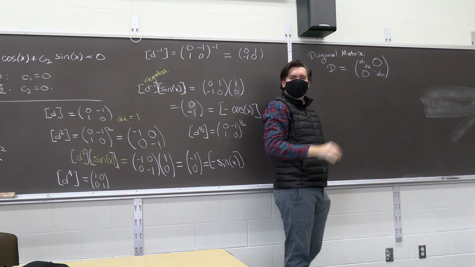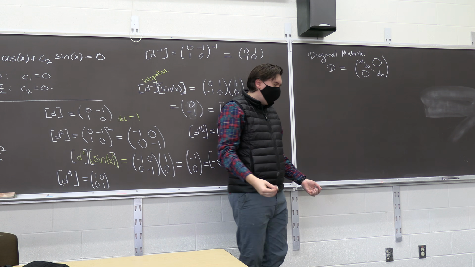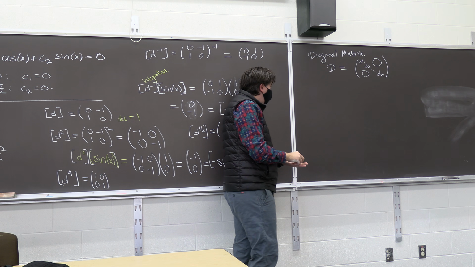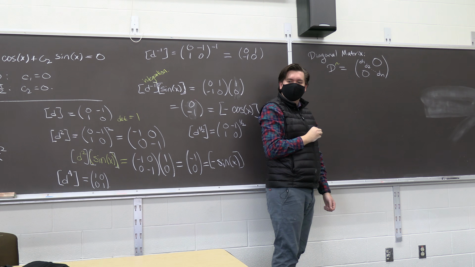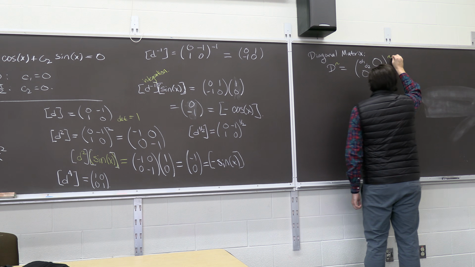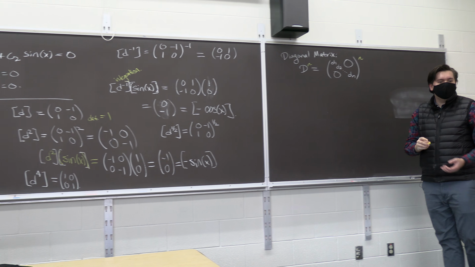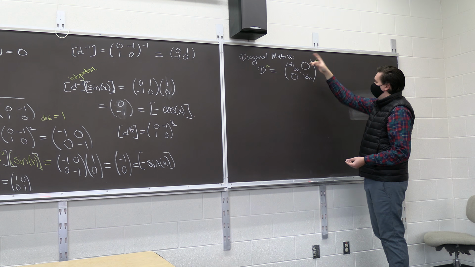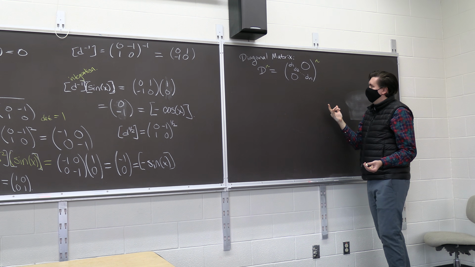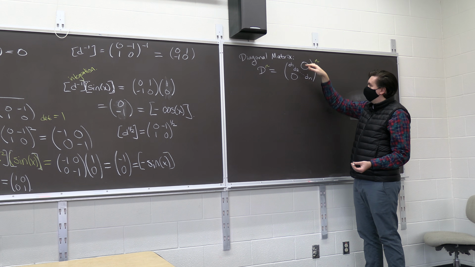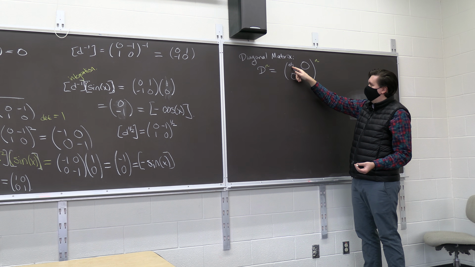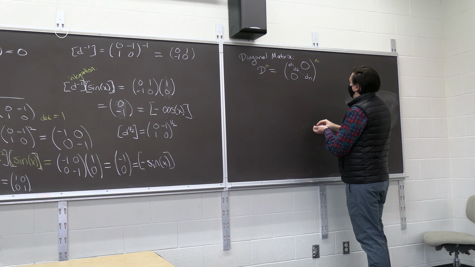With diagonal matrices, it's really easy to raise it to an nth power. Where you're doing row times column, all these are zeros besides the stuff on the diagonal. And so it just comes out to be the diagonal entries raised to the nth power.